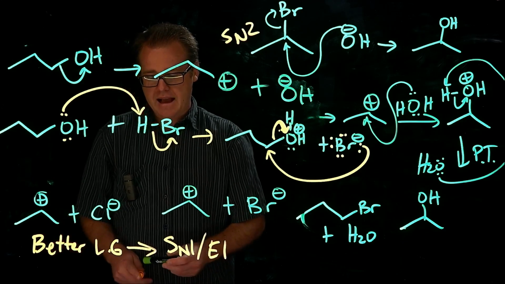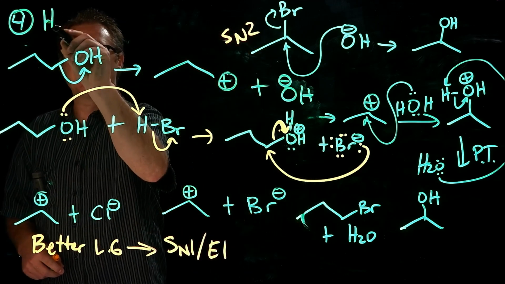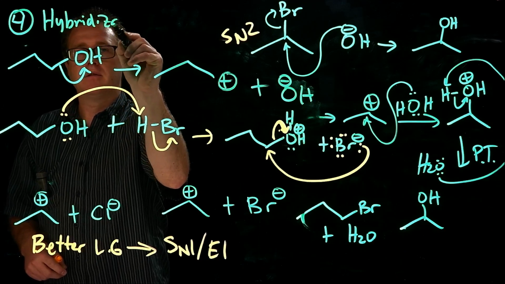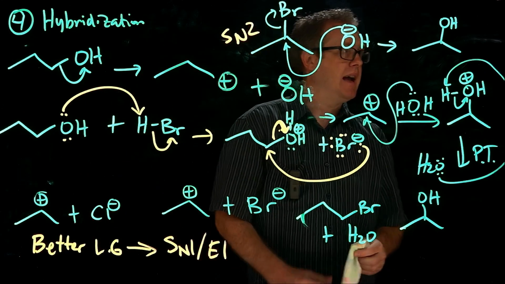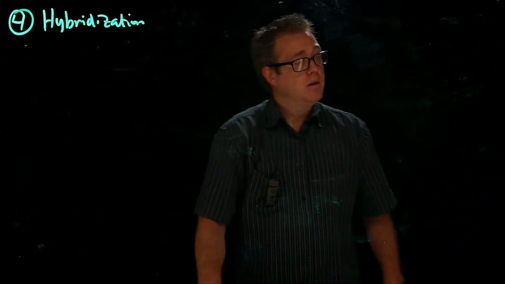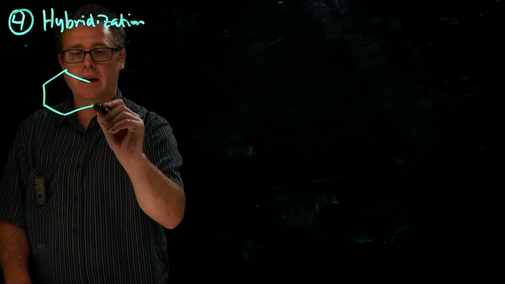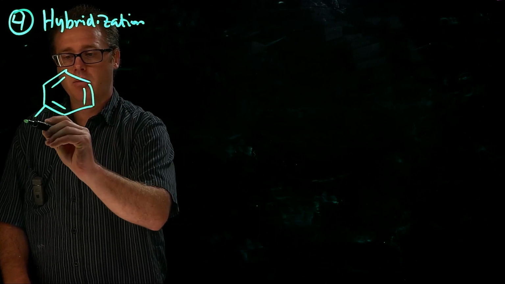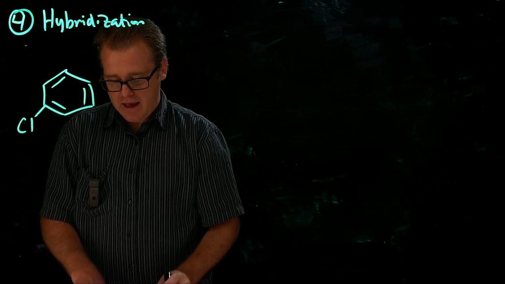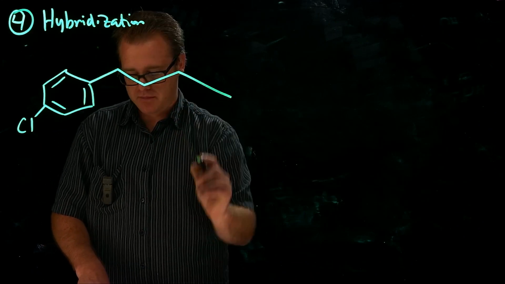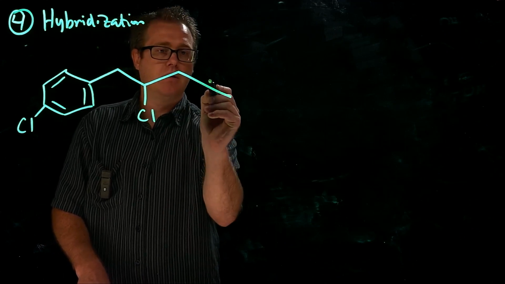So let's take a look at factor 4, which is basically the hybridization states of the carbon that the leaving group is attached to. So I'm going to start drawing a molecule, and I want you guys to take a moment and figure out how many good leaving groups are in this molecule.